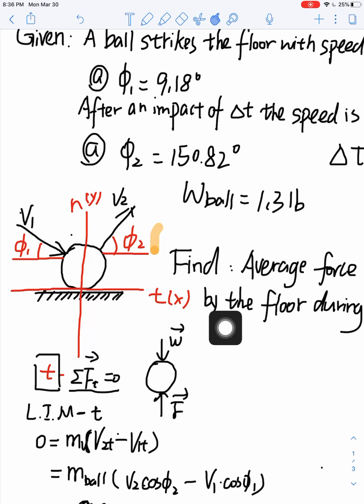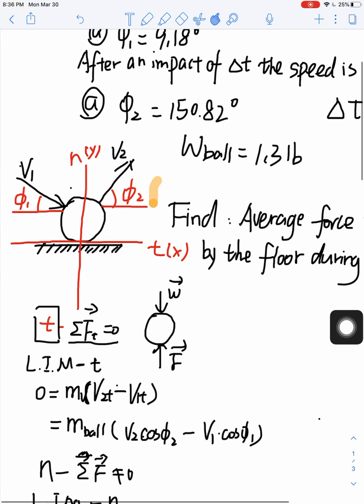Once you have t and n set up, you can look at only the t direction, which is the horizontal direction, and what forces do we have? If we draw the free body diagram for the ball, you're going to have the impact force pointing upwards and the gravitational force pointing downwards, but we do not have any forces in the t direction.